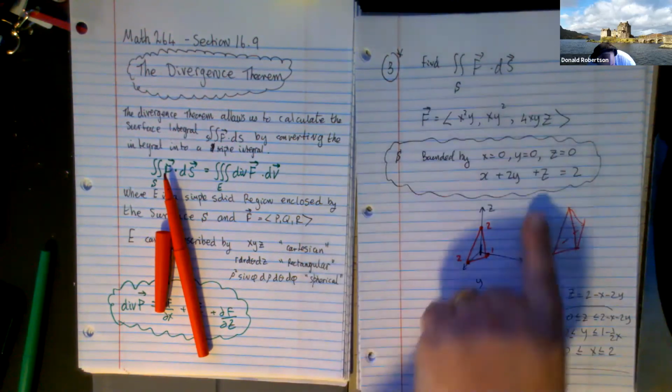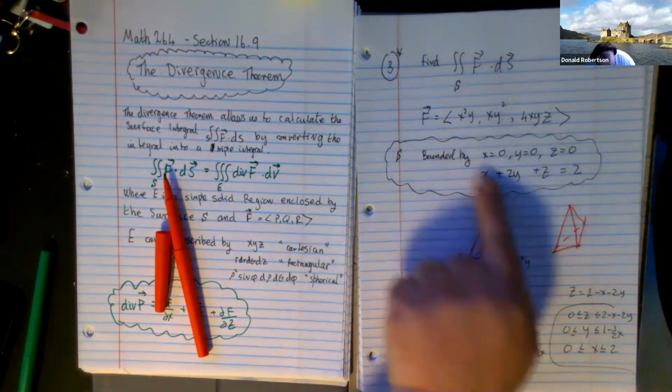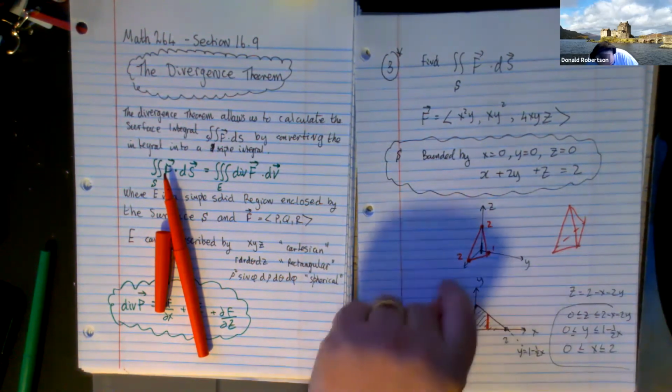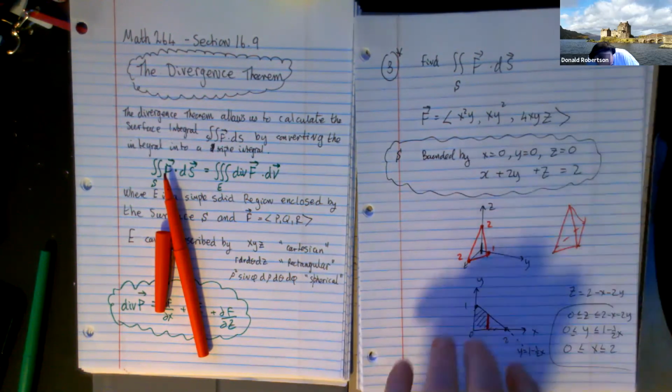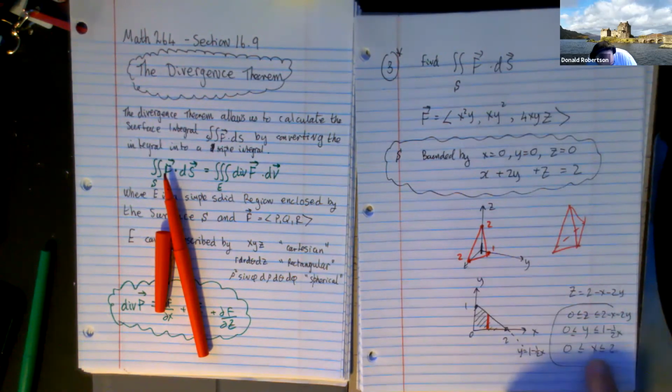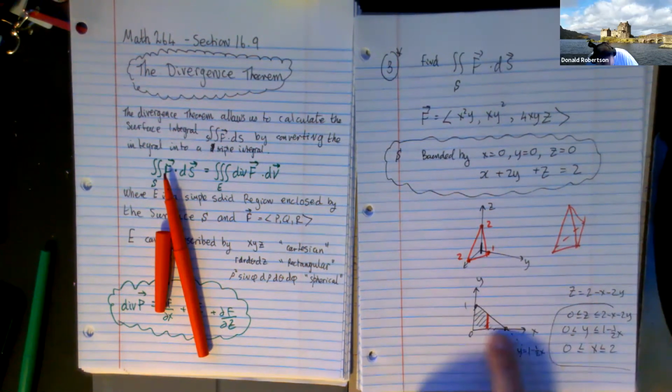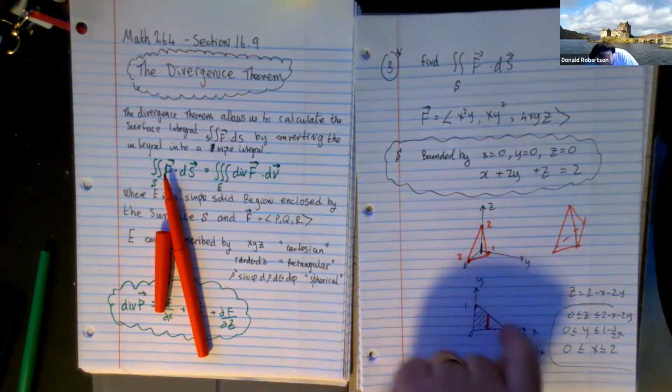I got the z's from here, right? z equals 0, and then rearrange this. That was the z's. This triangle, which is the projection onto the floor, gave me the x's and y's. And to describe this triangle, I needed x from 0 to 2 and y equals 0 to the equation of this line, which is that.